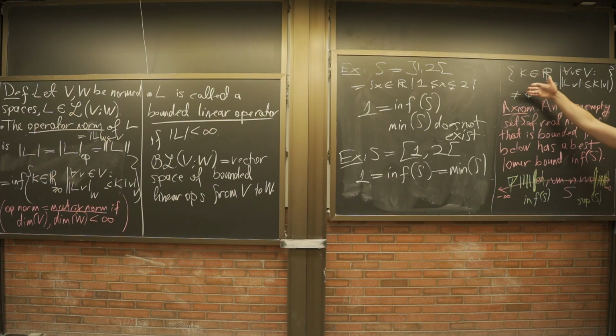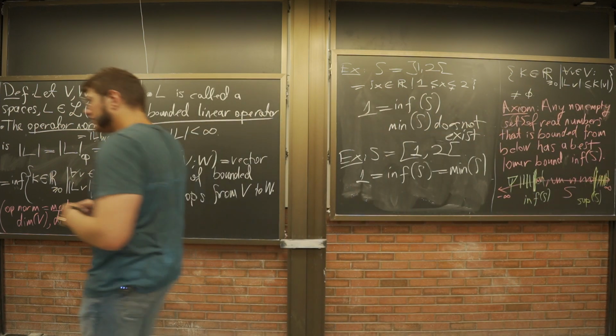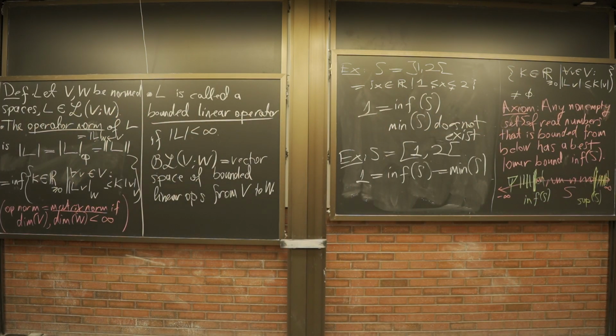So by an axiom, infimum pretty much always exists, whereas minimum depends on whether or not the set that you're trying to control using the lower and upper clamps contains those bounds.